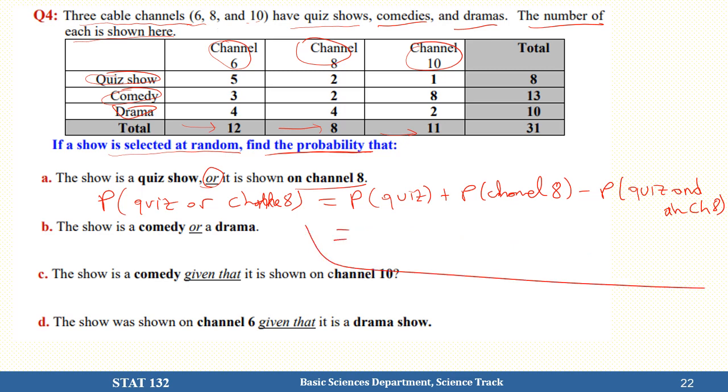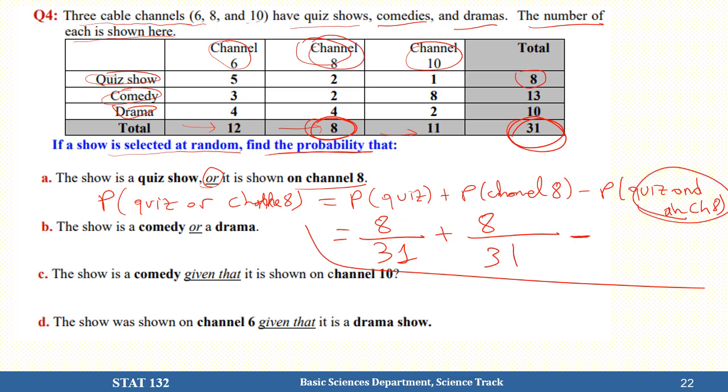The total quiz is 8 divided by the total number of programs, it's 31. Channel 8 total, it's 8 divided by 31. And quiz and channel 8: how many quiz programs in channel 8? It's 2, so this has to be 2 over 31. And this will be 14 over 31.